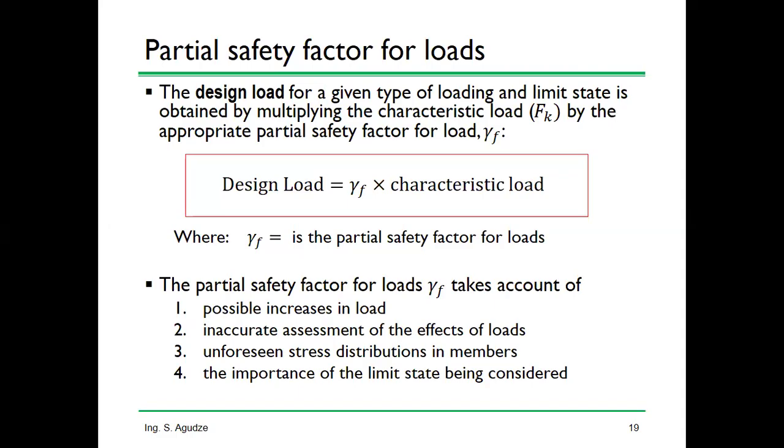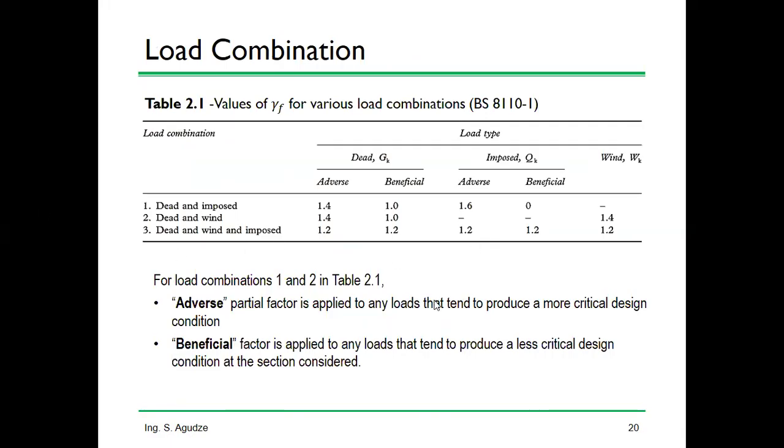The first thing I mentioned was that limit state design is based on statistical values. So it's not just looking at it and saying 1. These factors were developed based on statistics of events that have happened in the past. So the idea here is that if all three are acting, then the effect of one of them may be reduced.